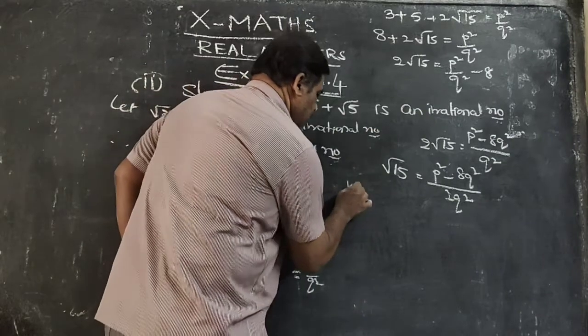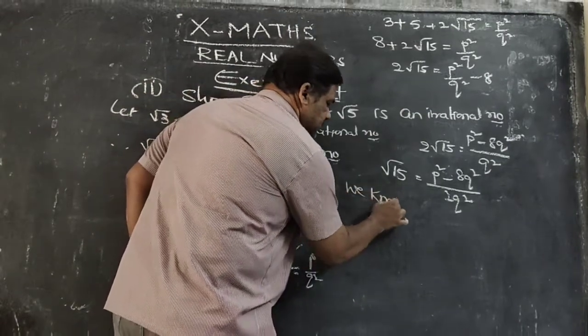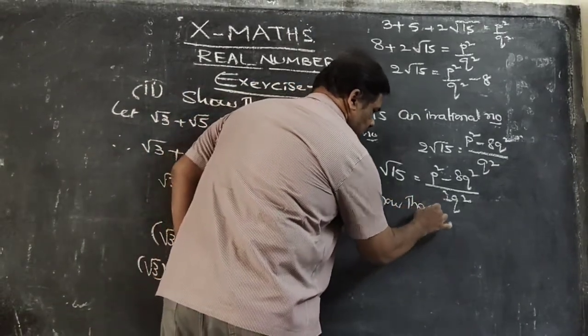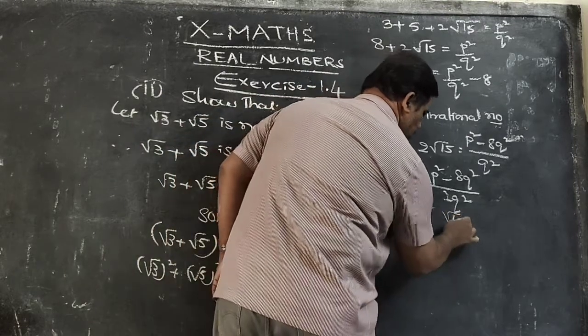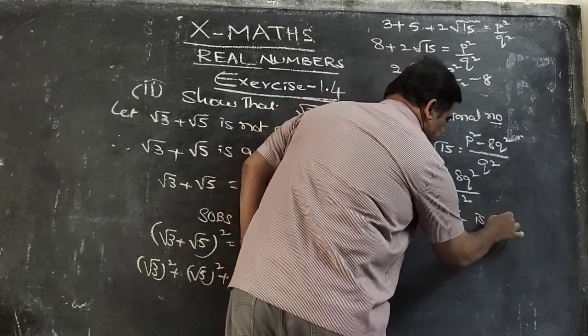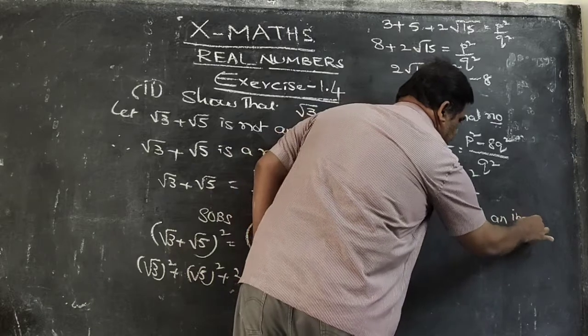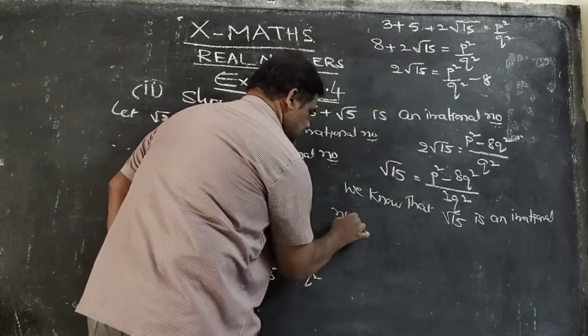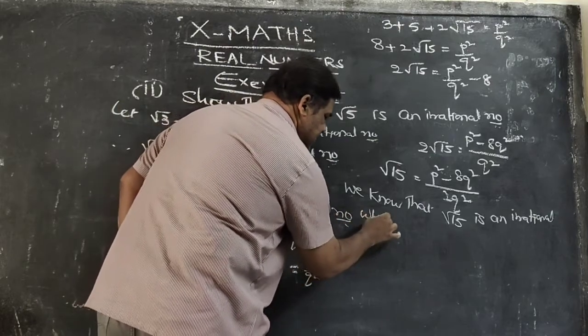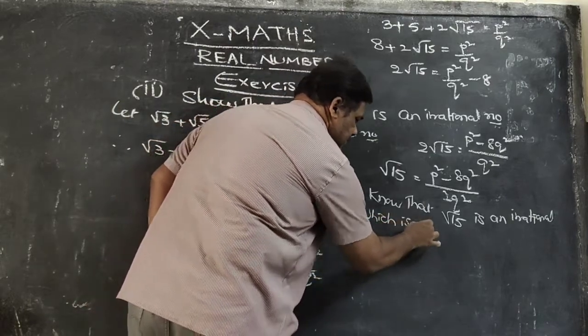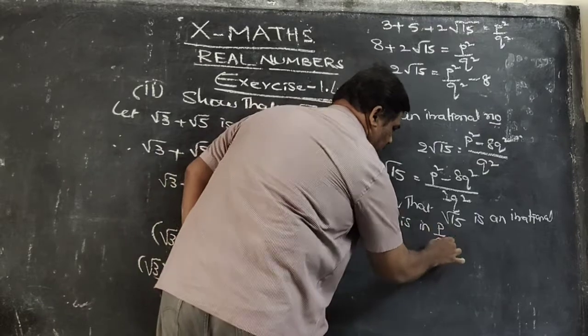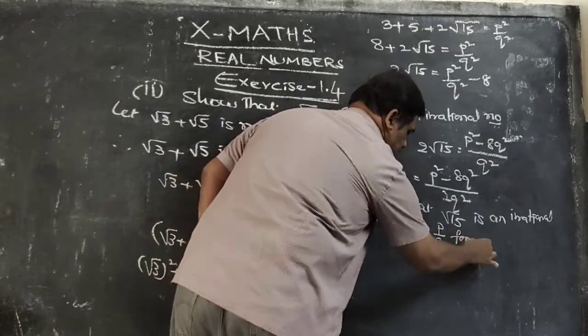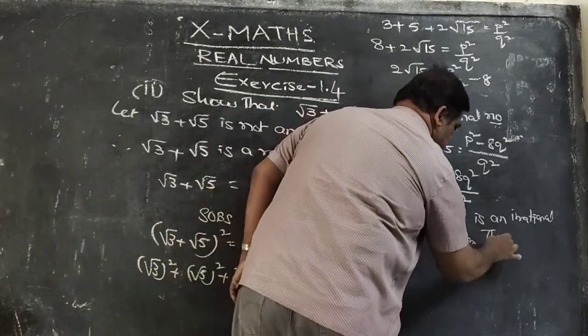Therefore, we know that root 15 is an irrational number which is in P by Q form. This is impossible.